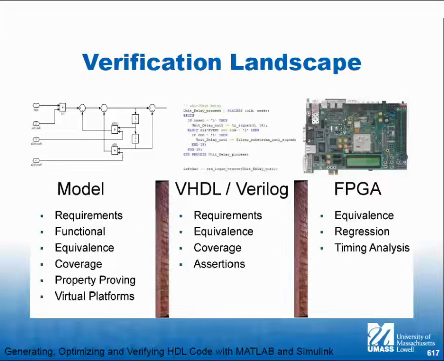The problem with coverage here is it's functional coverage, not gate coverage. It's kind of what we were doing when we talked about coverage back in the random stimulus and functional coverage. Property proving, yeah, maybe in virtual platforms, maybe in that we could create a virtual model of this. Okay, now this goes to this.